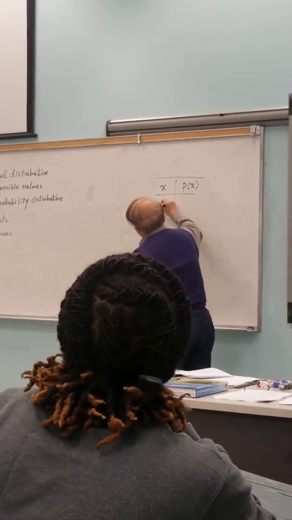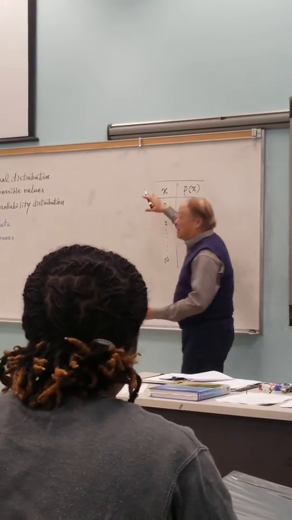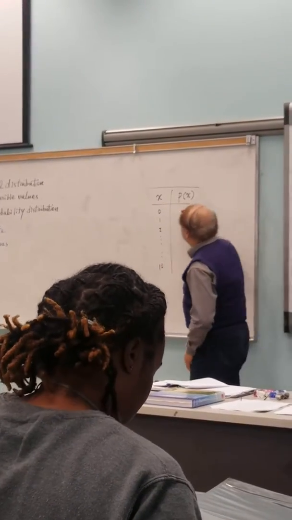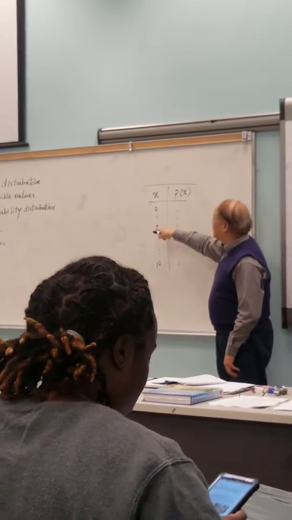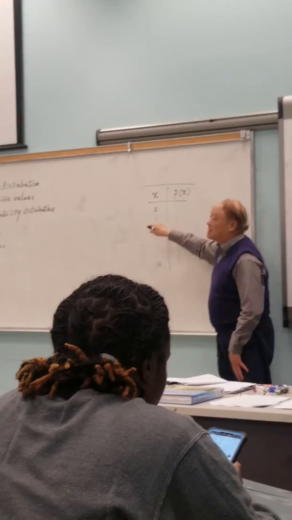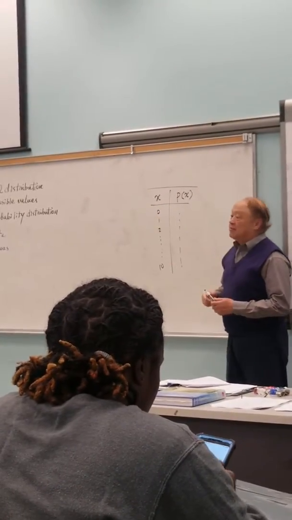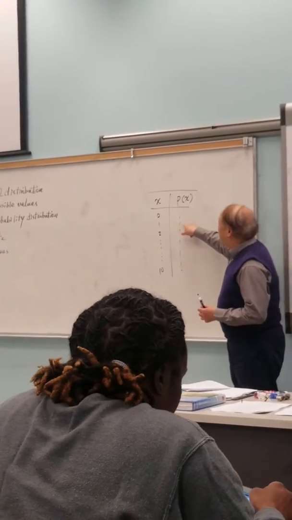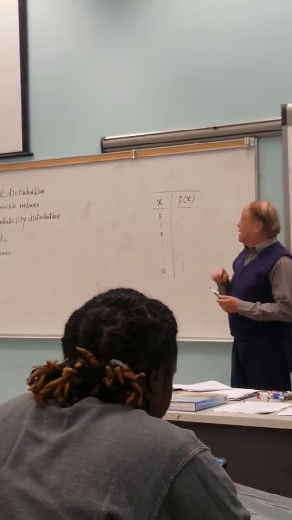Here, you list all the possible values. Here, you put the probability for the random variable to take each one as an actual value. 10% chance the random variable takes 0. 5% chance it takes 1. Do you remember that?